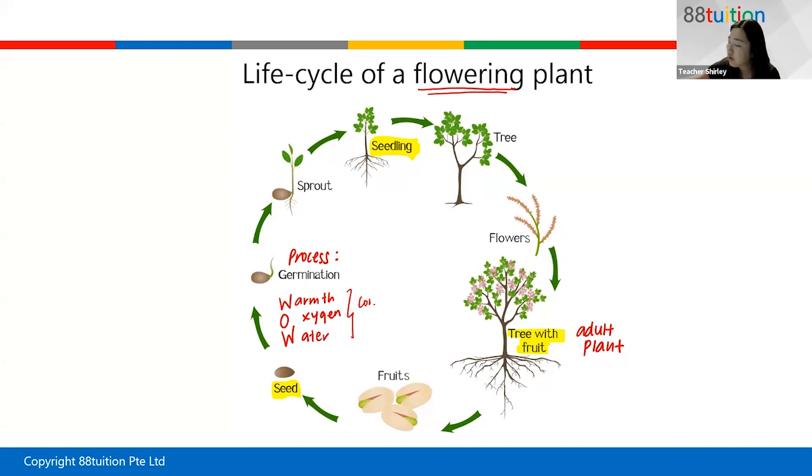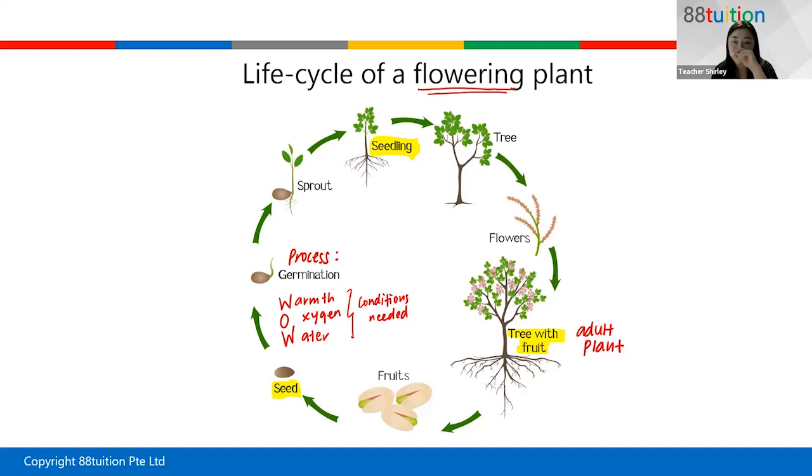These are what we call the conditions needed for germination. So as long as the seed has these three, it will germinate. Like you must be thinking, the green bean seed in my mother's kitchen cabinet, does it have warmth? Yes. Does it have oxygen? Yes, but it does not have water. So it will not germinate. The moment it has these three conditions, it will be able to germinate.